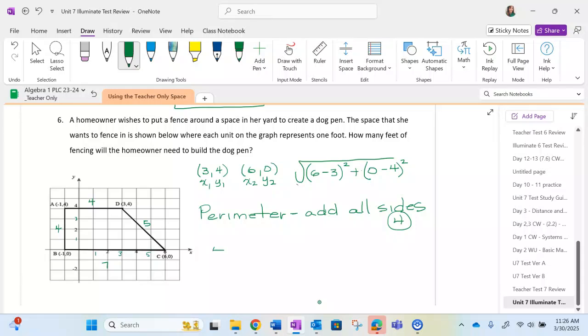Let's add them up. 4 plus 4 plus 5 plus 7 equals, put this in Desmos, 4 plus 4 is 8, 8 plus 5 is 13, 13 and 7 is 20 feet. Put it in Desmos and make sure you got 20. Don't just do it all in your head.